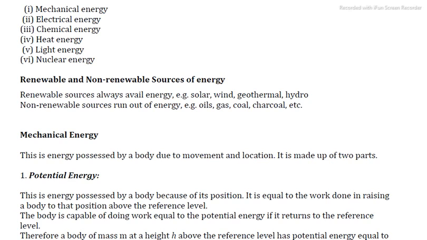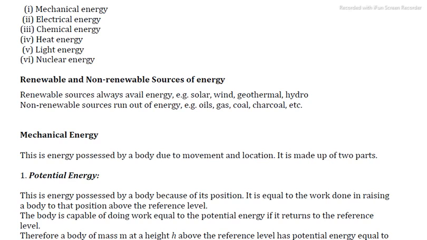But after knowing these forms of energy, we come to their sources. Where do we get these forms from? These sources are categorized into two: the renewable sources and the non-renewable sources of energy.